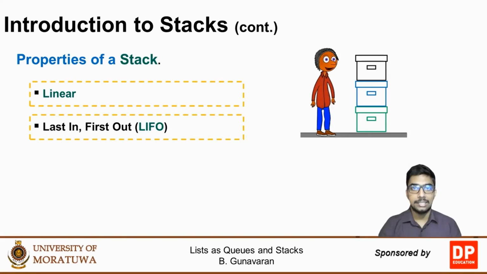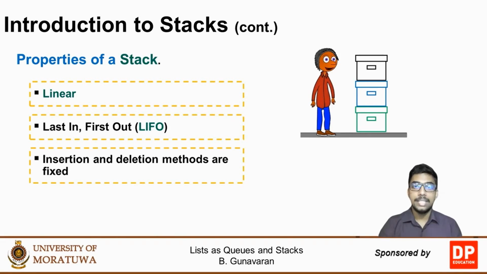Similarly, in stacks, the element you inserted last is deleted first. Third, how you place and remove boxes is fixed. You can only place boxes on top of each other and remove boxes from the top. You cannot insert or remove boxes at random locations. Likewise, in stacks, you cannot insert and delete elements at random locations. You can only insert and delete elements at the end of the stack.